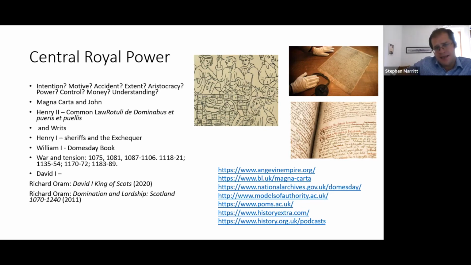So rather than these kings trying to invent new forms of central government, they're interested in money. And as part of that process, new forms of central government, sometimes by accident, occur. At the same time, you have constant tension. We tend to think of Henry II, Henry I and William the Conqueror after Domesday, and even right up to John, as a time of relative peace in England, apart from the civil war of Stephen's reign.